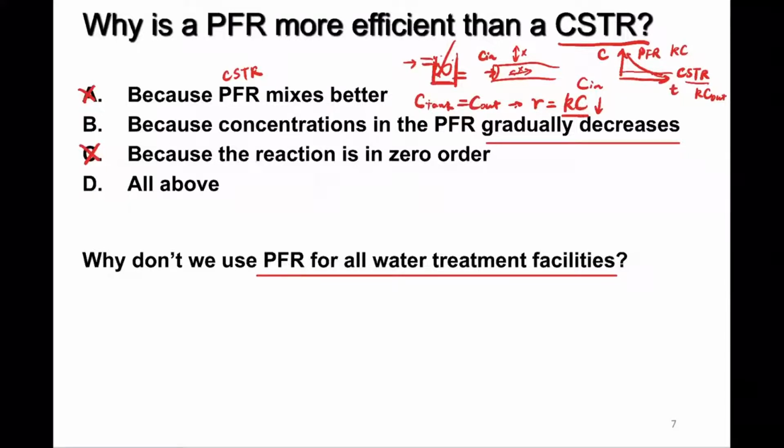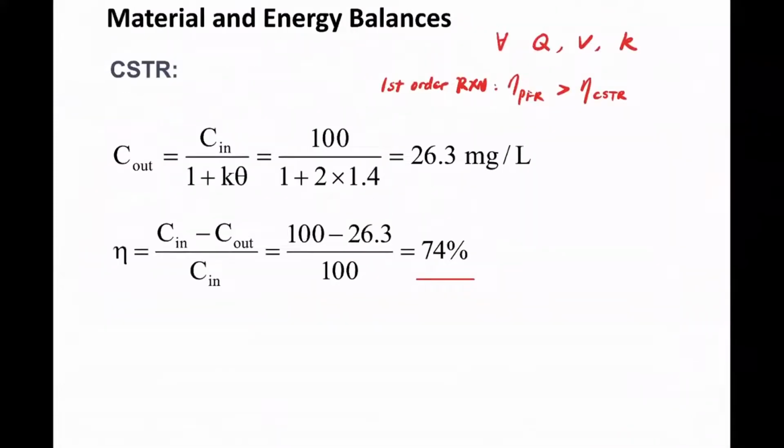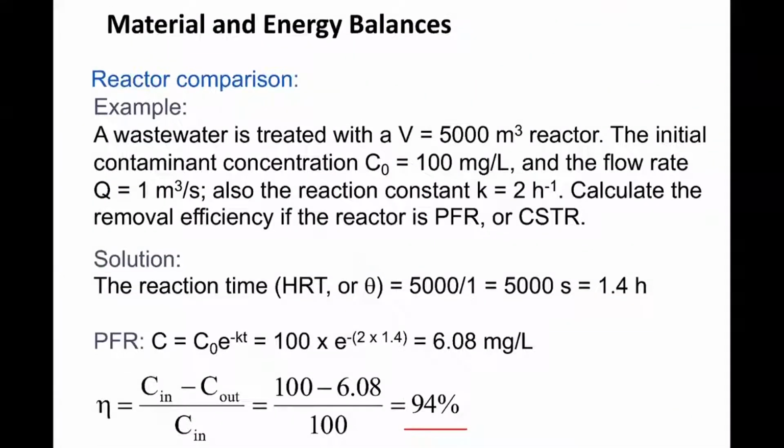But for processing polluted water, it's going to be very challenging to do this. If you just think about it, let's say these two reactors have the same volume. If you want to make a PFR, of course you need to find a diameter. Let's say we use 1 meter as the diameter for this tube.